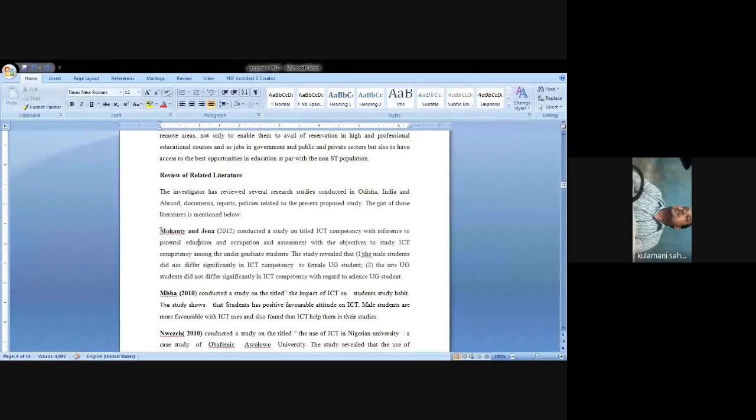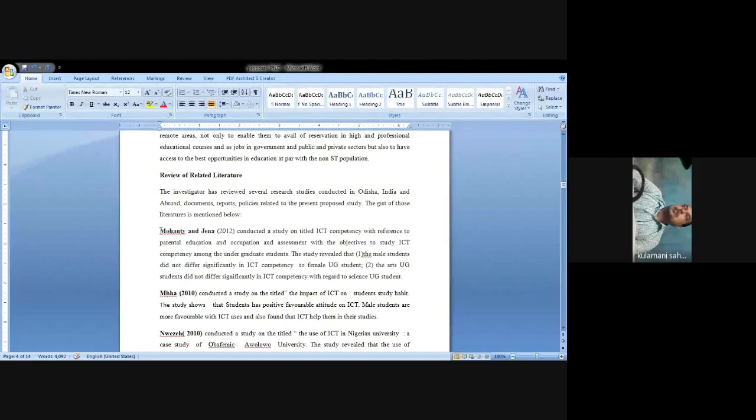The study revealed, this is the finding, that male students didn't differ significantly in ICT competency from female UG students. The second finding of the study also highlights that arts UG students didn't differ significantly in ICT competency with regard to science UG students.